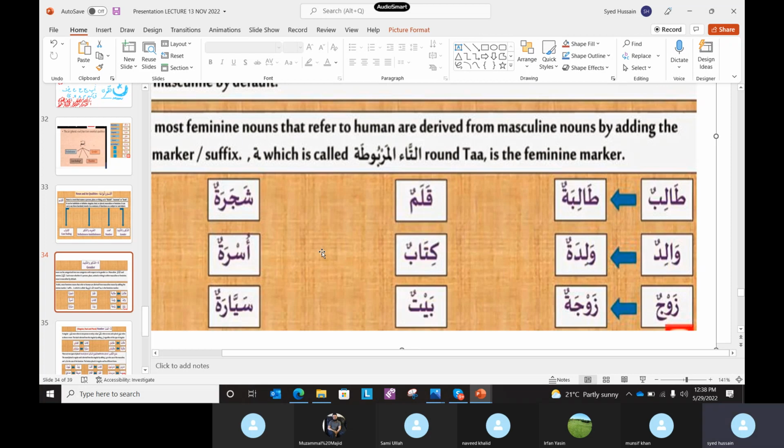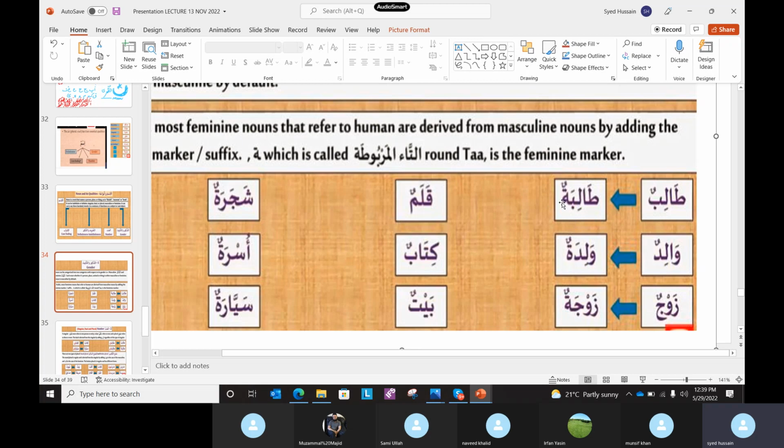So this is how you understand the male and female differences in any language. In the Quran, one of the ways to define the female is with the ta marbuta.